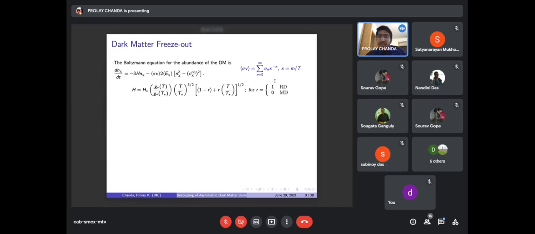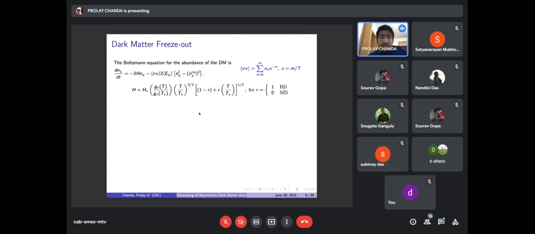Then we define the Hubble parameter in the following manner. Here, the subscript star represents the time when the phi field starts to evolve like matter. If I substitute r equals 1, the Hubble parameter grows as T squared, which is radiation domination. And for r equals 0, the Hubble parameter goes as T to the 3 over 2, which is matter domination.